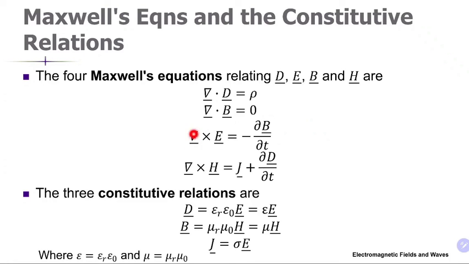And then the curl of the electric field equals the negative rate of change of the magnetic flux density, and the curl of the magnetic field intensity equals J plus the rate of change of the electric flux density. And at the bottom here you have the three constitutive relations between the fields. So that is the Maxwell equations in a very simple explanation.